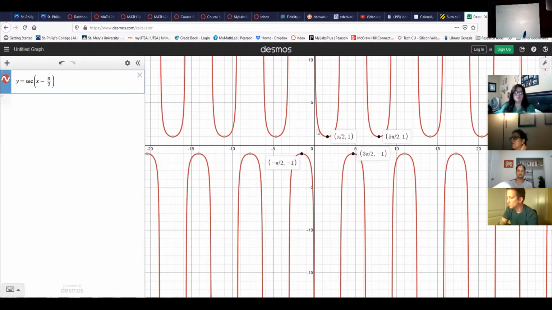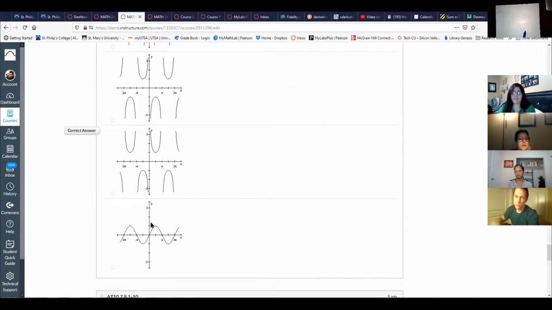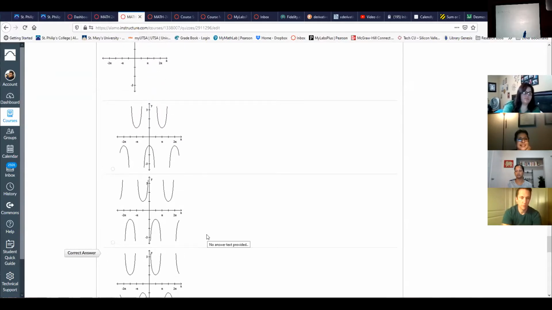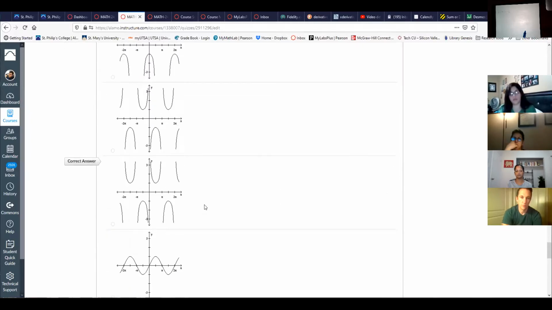Pi over 2 is up top. But the other one had it at the bottom. You see that? That's why it's wrong. This just doesn't make any sense. It's not even a secant graph. But you see what you have to do, right? Just eliminate the ones that are wrong, obviously. This is wrong. Does that make sense?